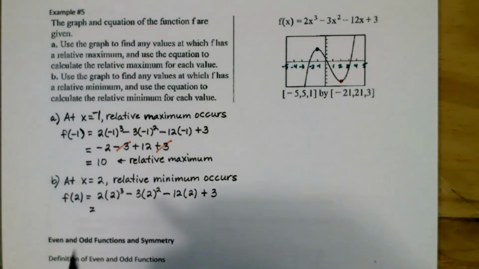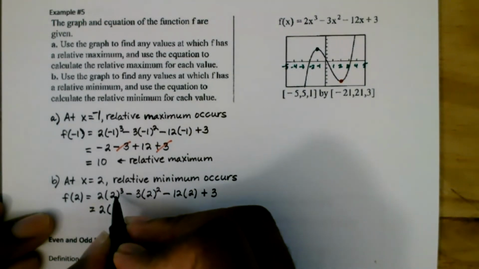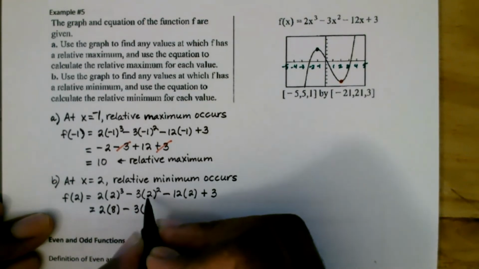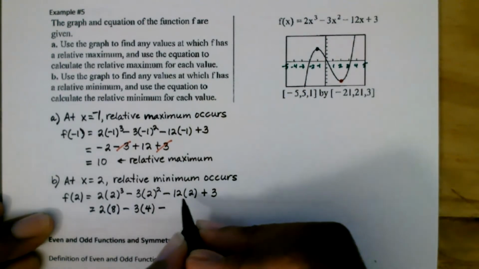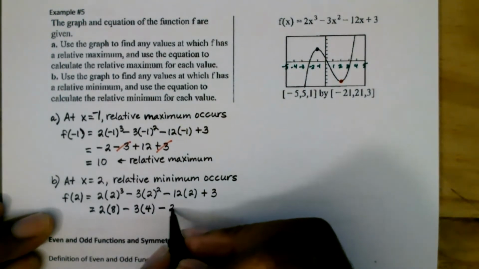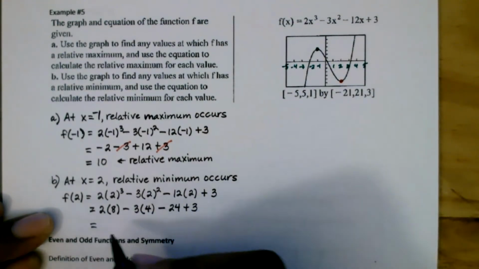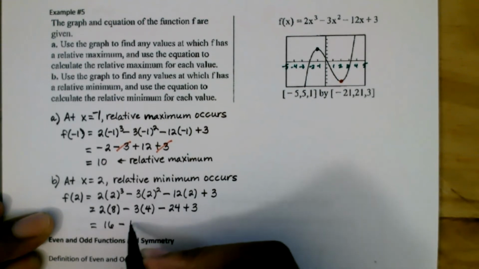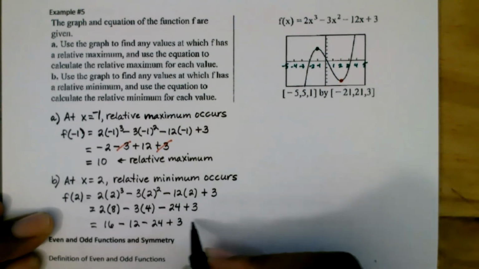All right, when I simplify this, I'm going to bring this 2 down. 2 cubed is 2 times 2 times 2, that's 8, minus 3 times 2 squared, 2 times 2, that's 4, minus, and I'll go ahead and multiply 12 times 2, that'd be 24 plus 3. And now 2 times 8 is 16, minus 3 times 4, which is 12, minus 24 plus 3.